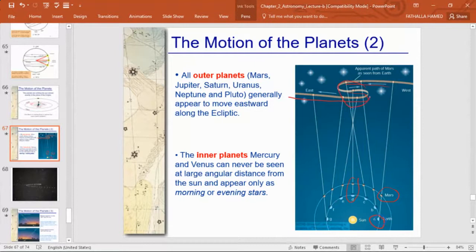This area here is regarded as something that we call retrograde. In the past, this used to be a puzzle, and we'll talk about that in chapter number 4 when we talk about the models and how they try to account for this.